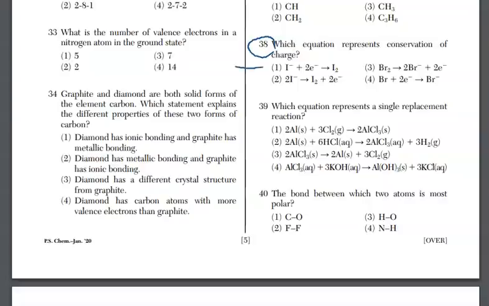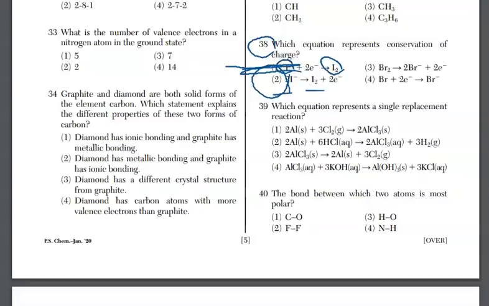For choice 1, I have 1 iodine here on the left, and I have 2 on the right. It does not balance in terms of mass, so don't even bother going to charge. For choice 2, I have 2 iodine, and I have 2, so it's balanced in terms of mass. Let's go to charge. 2 times a -1 is a -2, and then 2 electrons is a -2. I think we have our answer here, choice 2. Let's double check the other ones, though.